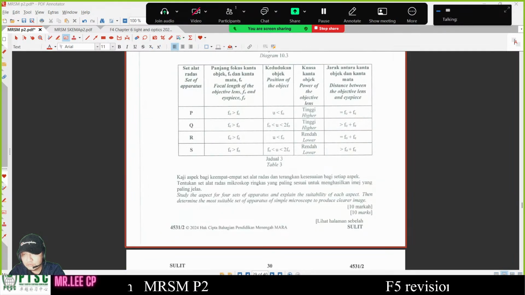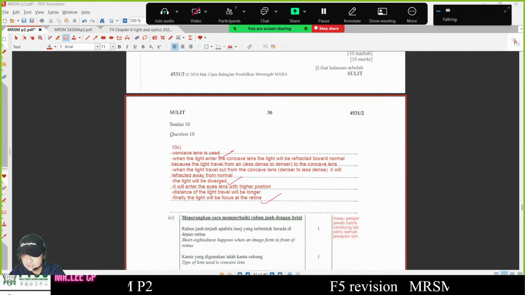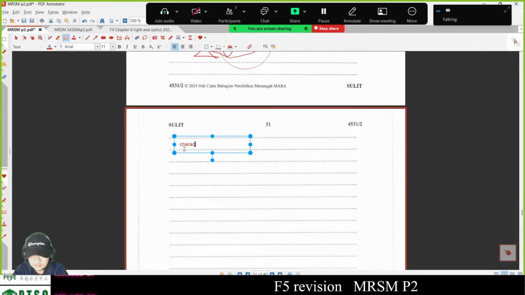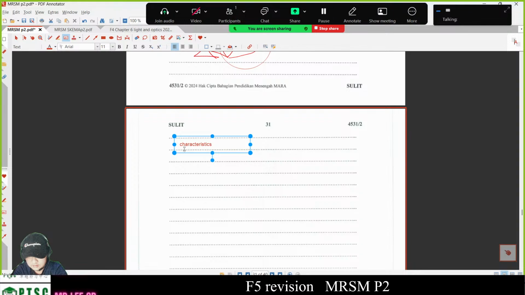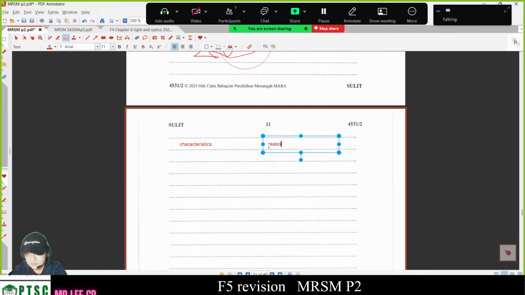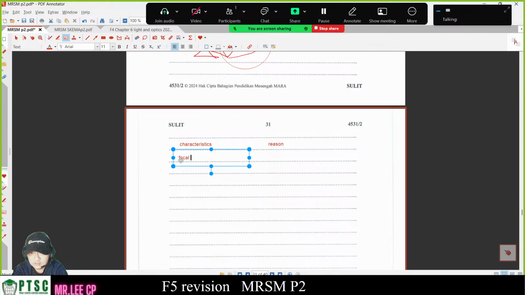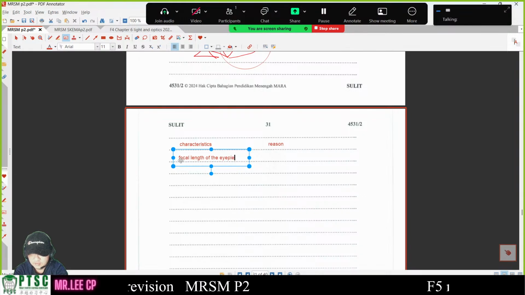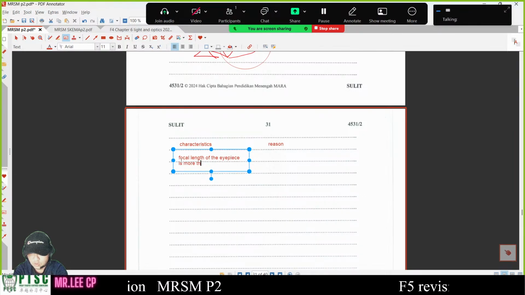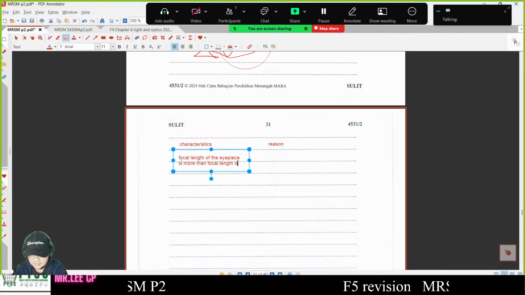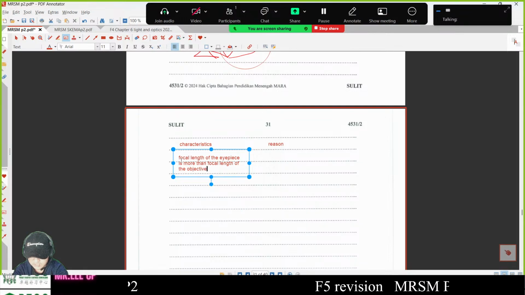First of all, we are going to answer: the focal length of the objective lens and the eyepiece. For a microscope, the focal length of the eyepiece is more than the focal length of the objective lens.